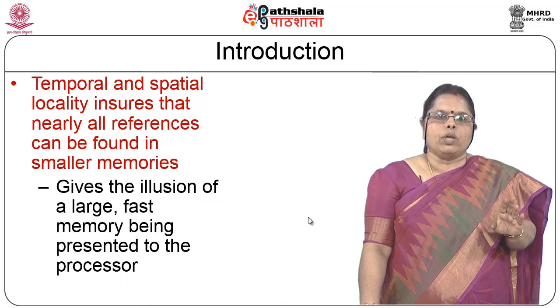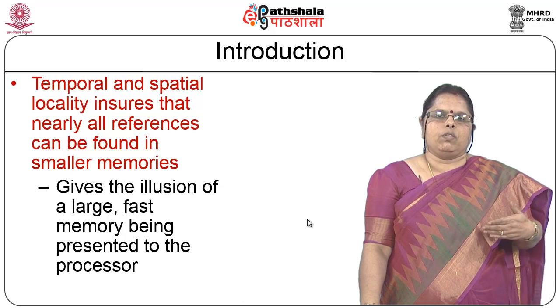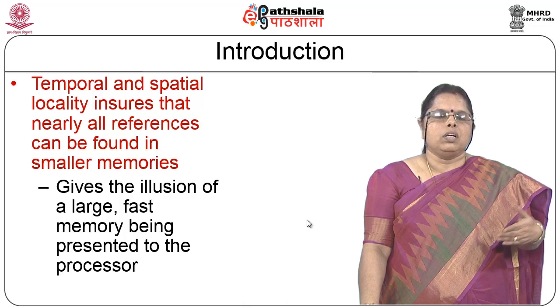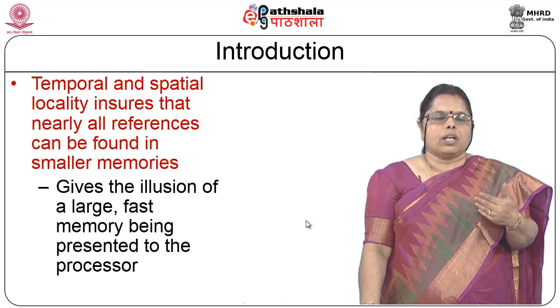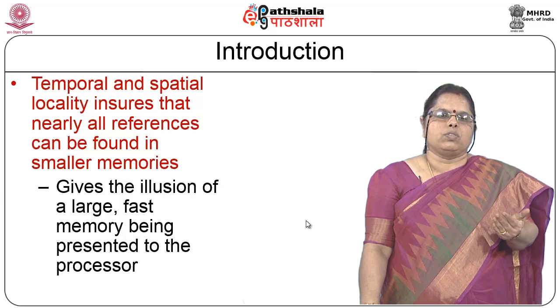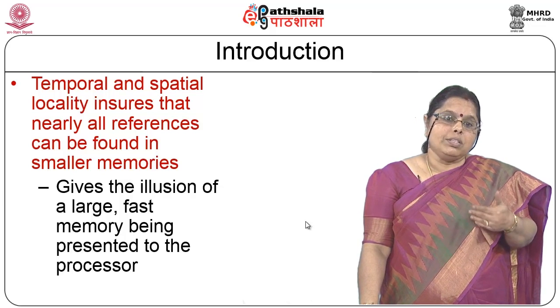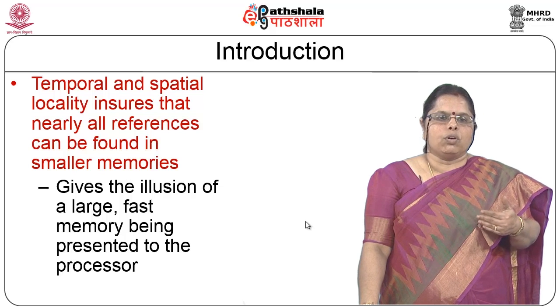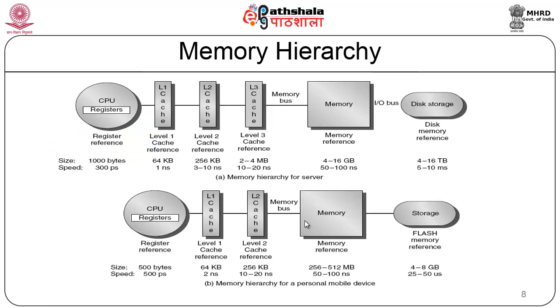So, even though we are not able to accommodate the entire program in the first level of memory, which is closest to the processor, because of the temporal and spatial locality of reference existing in these programs, we are able to serve the references to the processor, and most of them are found in these memories itself. This gives us the illusion of a large, fast memory being presented to the processor. So, this is an example of the hierarchical memory system.